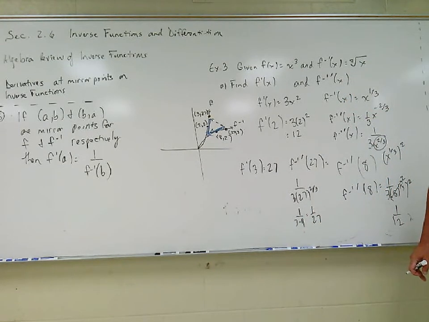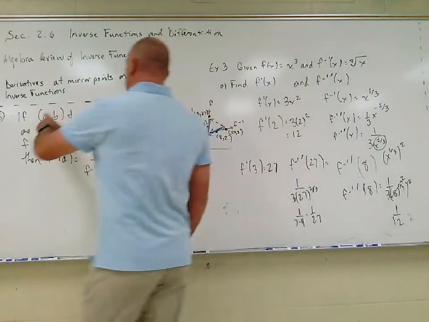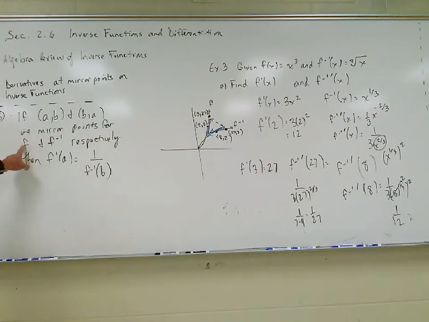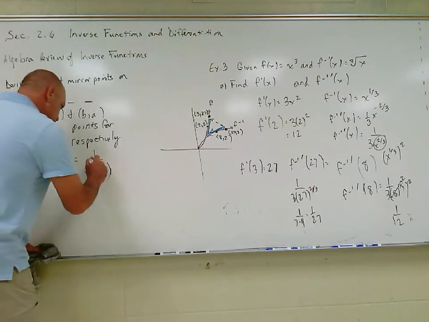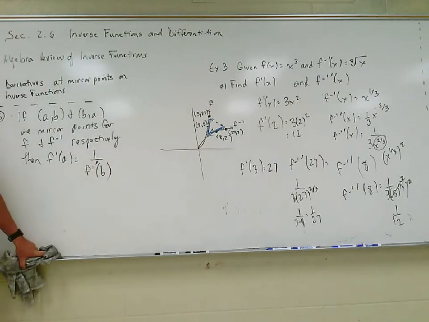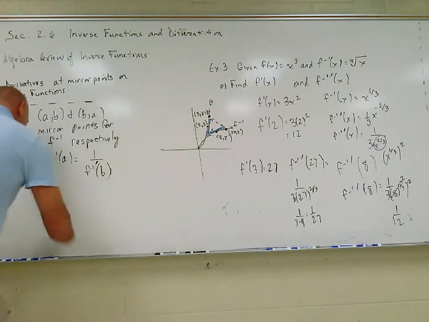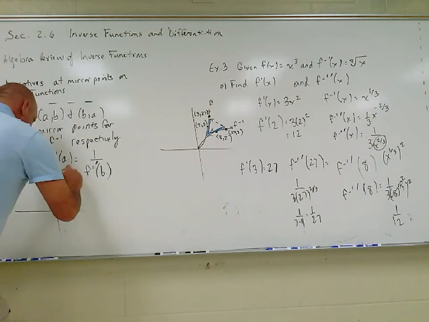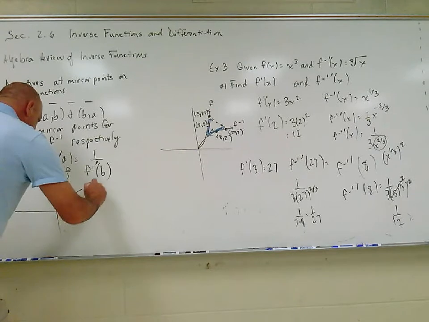And that is an always. That's always the relationship. So if (A, B) and (B, A) are mirror points for f and f inverse respectively, then f prime of A is 1 over f inverse prime of B. I'm basically saying that those slopes are reciprocals, okay? So if you have f, you have f inverse.